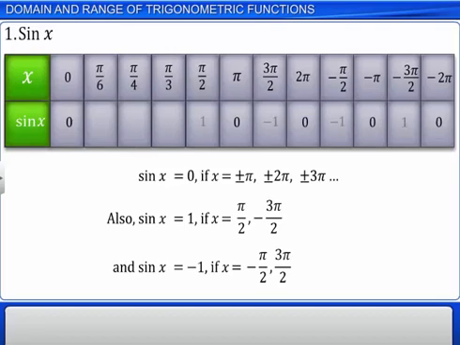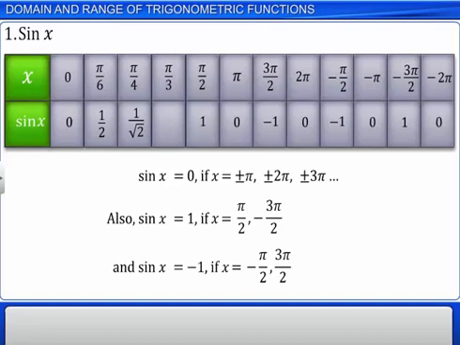Therefore, sin x is equal to 1 when x is equal to pi by 2 and minus 3 pi by 2. It is minus 1 when x is equal to minus pi by 2 and 3 pi by 2. Sin pi by 6 is half. Sin pi by 4 is 1 by root 2.